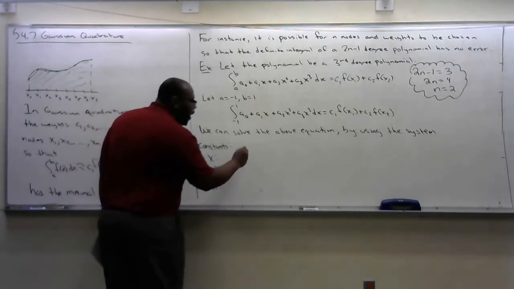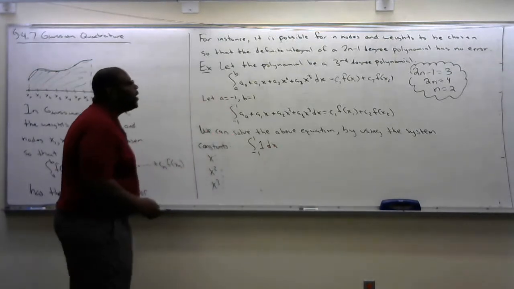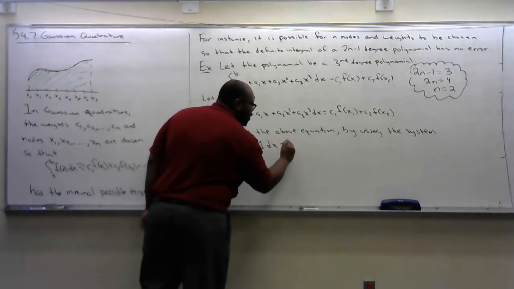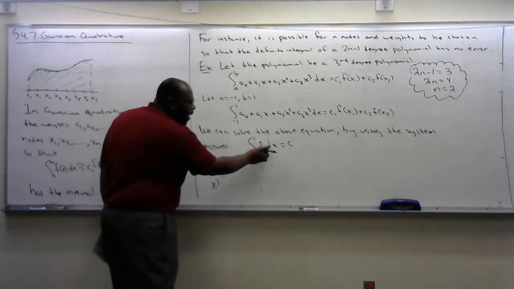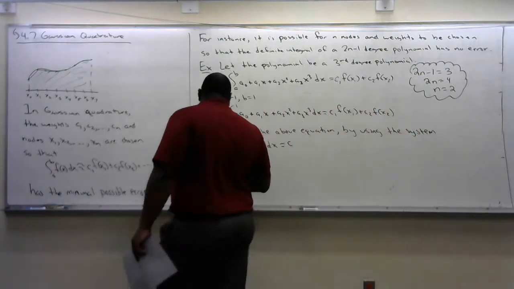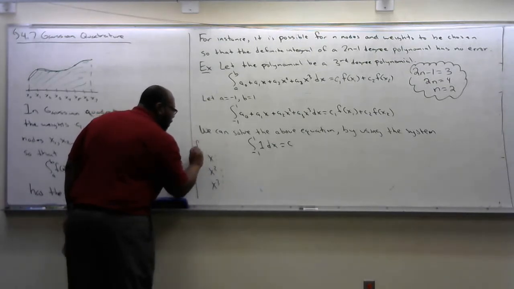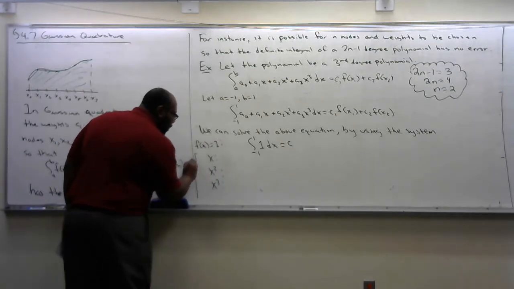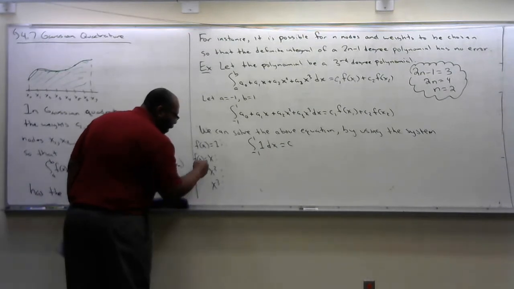So I can say the integral from -1 to 1 of 1 dx. Let's write it this way so you can see it a little better. Here my f of x is equal to 1. Here my f of x is equal to x. Here f of x is equal to x squared, and then x cubed.